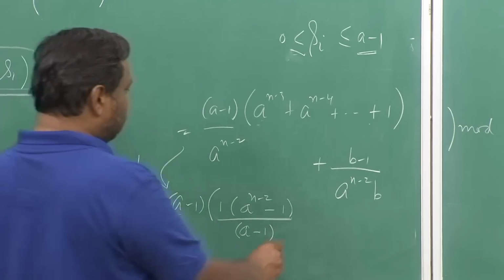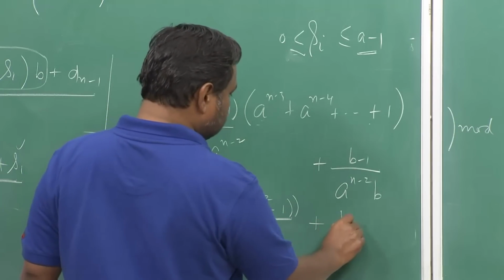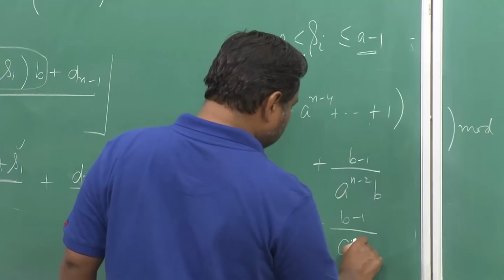So, that is what you will get plus b minus 1 a raised power n minus 2b.